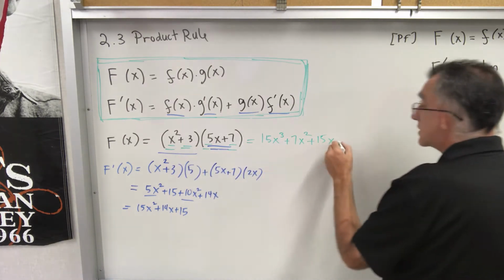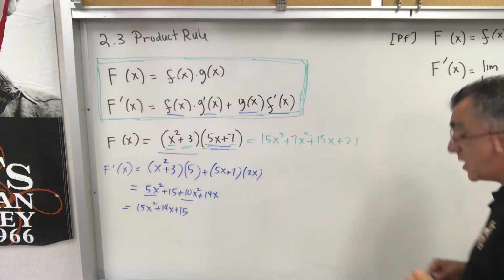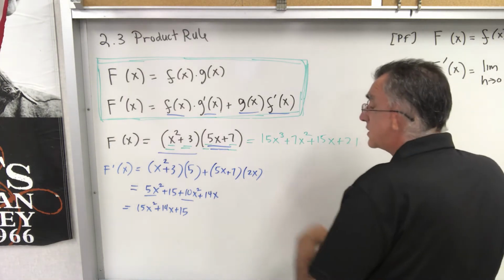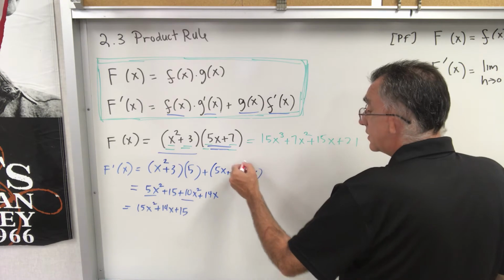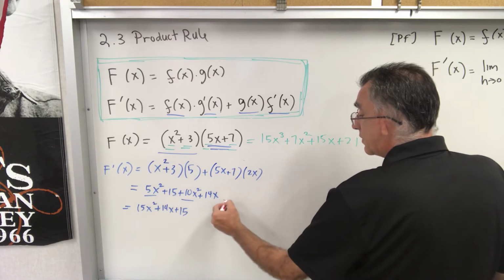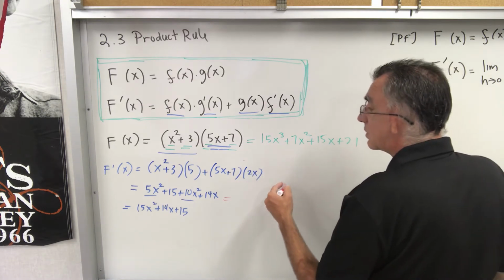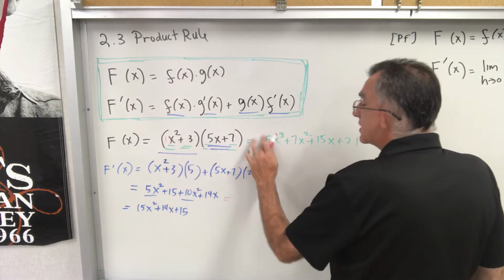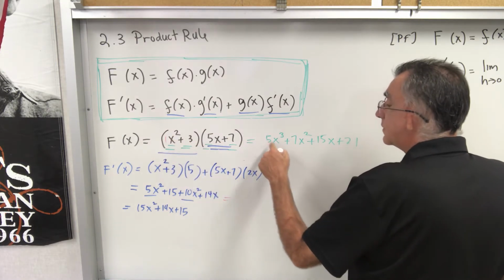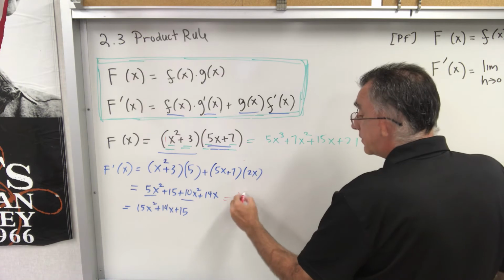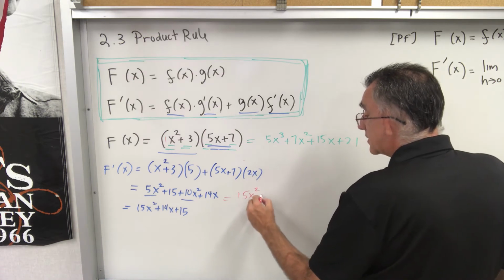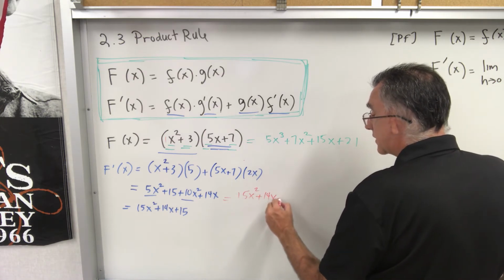Last times last, 21. And you might be thinking, Mr. Peters, why can't I just take the derivative? Oh, right here. Oh, crap. What's 1 times 5? That's 5, not 15. So take the derivative here. 15x squared plus 14x plus 15.